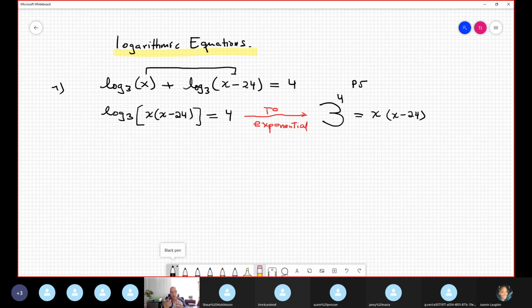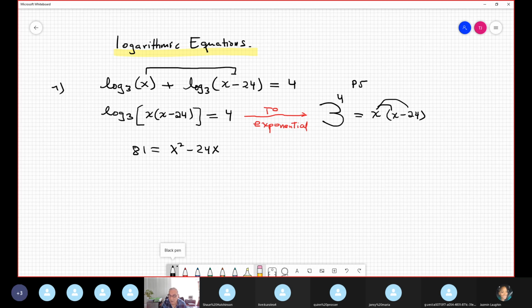Okay, and now we have one new equation that is equivalent, not 100%, is equivalent somehow to the original, that does not involve any more logarithm, any more exponential. Well, no, actually you see exponent, but 3 to the 4 power is 81. So actually 81 is equal, and you apply distributive property here, why no? Is x squared minus 24x.